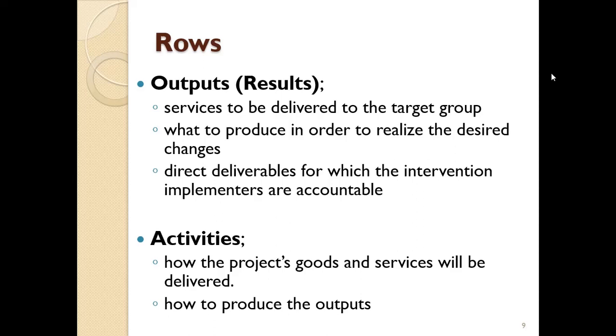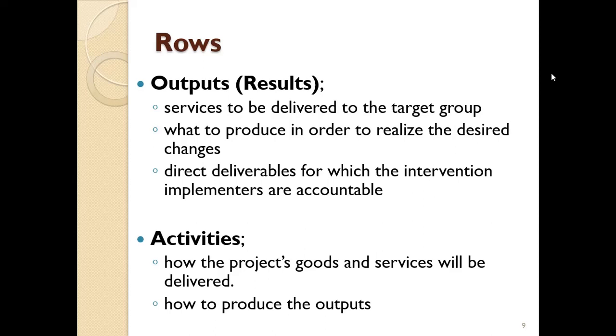But then those outputs should be able to lead to your main objective, maybe to improve access and use of safe water, which would create a certain impact in a community, maybe reduction in waterborne diseases.